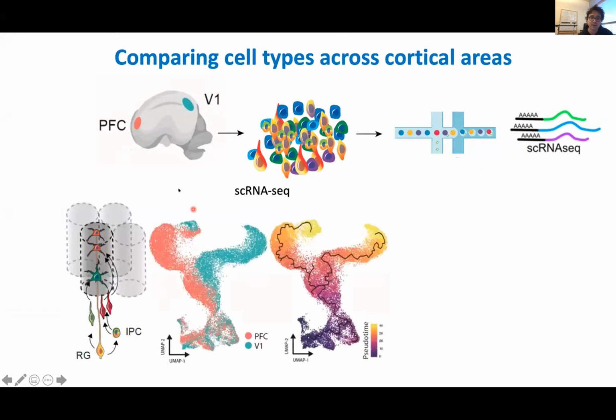By profiling cells sampled from primary human tissues from prefrontal cortex and visual cortex, we were able to directly compare those lineages in intact samples. These are from the same individuals.